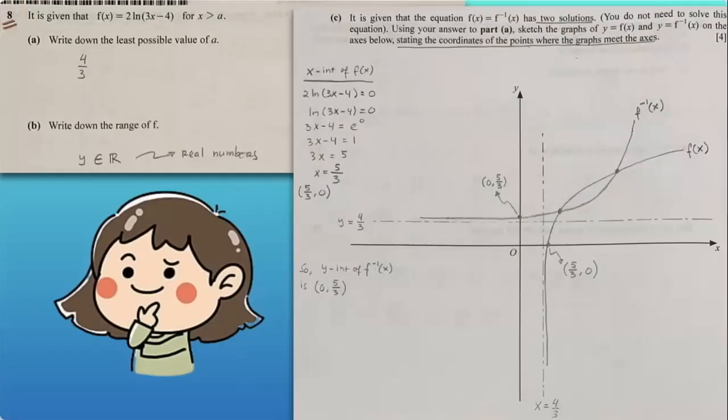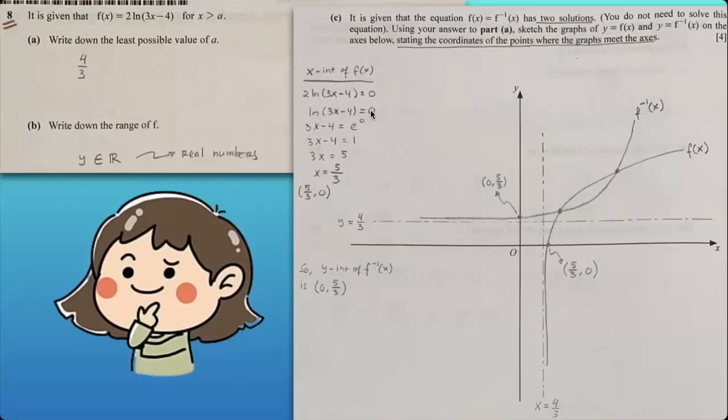or in other words, x and y intercept. We can find x-intercept first. Yeah, x-intercept of f of x, meaning y is equal to 0. So 2 ln (3x subtracted by 4) is equal to 0. We divide both sides by 2 to get this expression, and then change from log form into exponential form. Remember, ln is log base e, so that base is e.